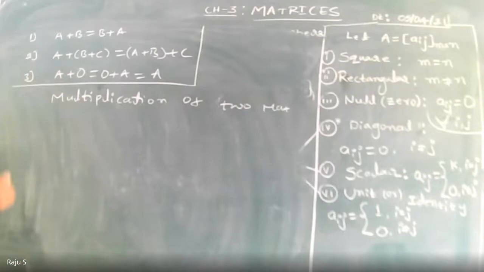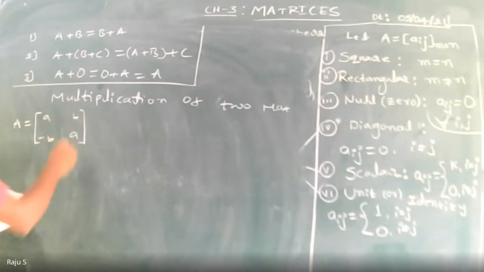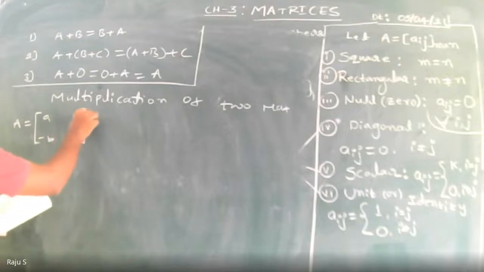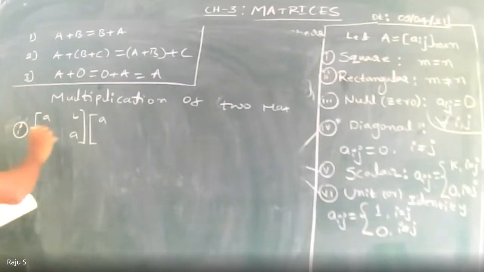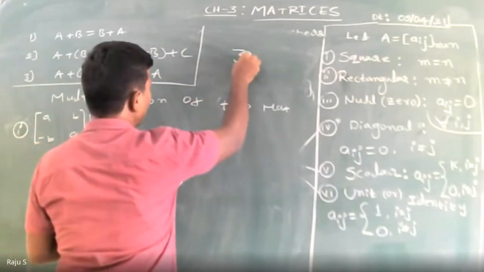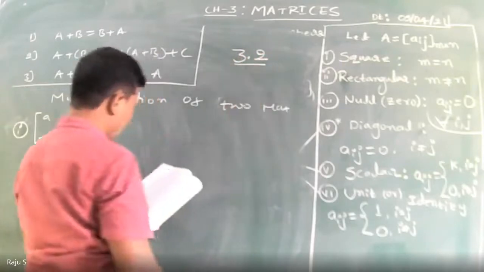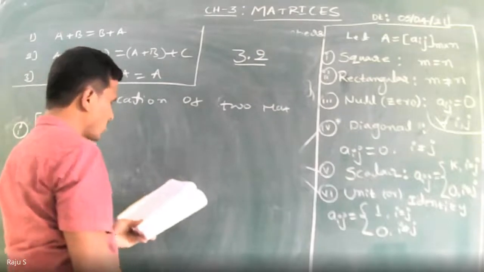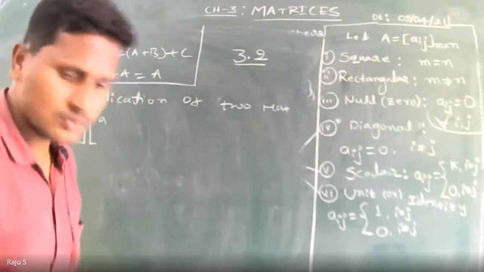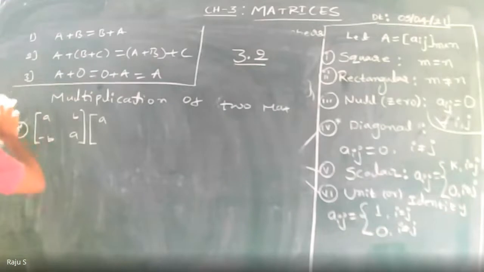First I am going to take a 2 by 2 matrix, A is equal to A, B, minus B, A. Here, no need, directly they have given it in exercise 3.2. Let us do the first question alone on matrix multiplication.